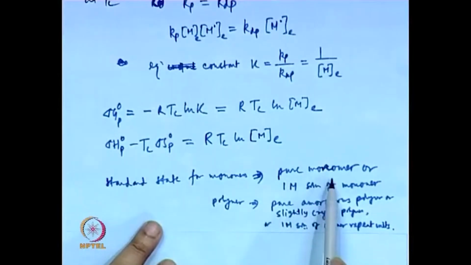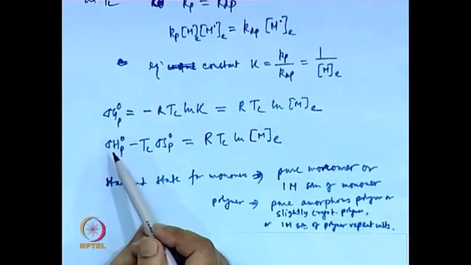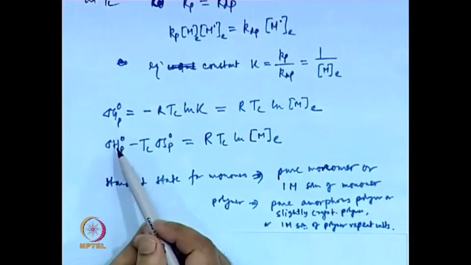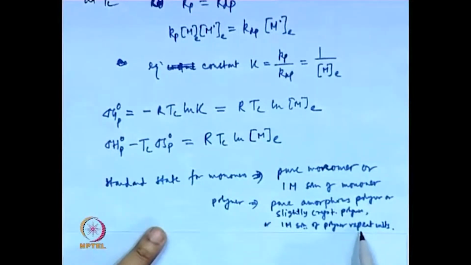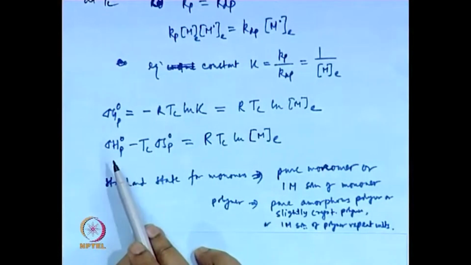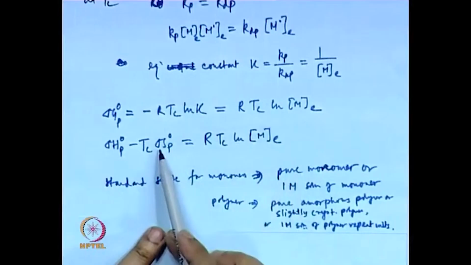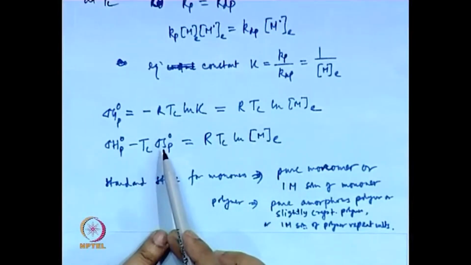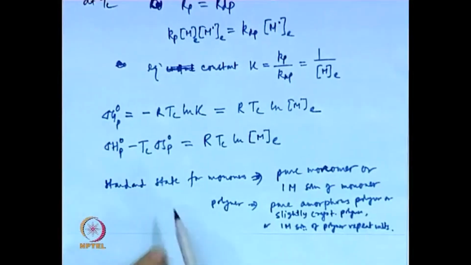You take a pure monomer and convert it to pure polymer, and the associated enthalpy change gives you del H 0, or you take a 1 molar solution of the monomer and convert it completely into polymer. Now, the associated enthalpy change will give you del H 0, and the entropy change will give you the del S 0 of the polymer.